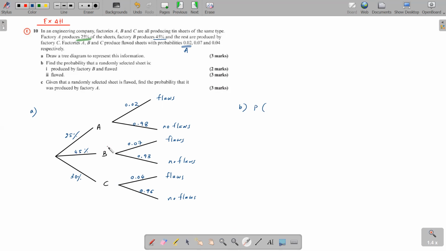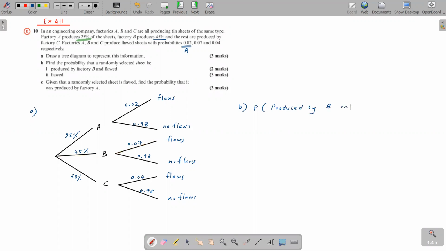You need to just select the branch along the tree diagram. You recall the probabilities must be multiplied. So produced by factory B and flawed. I think you can see which branch we need to go along, right? Can you see here? Produced by factory B and it's flawed. So that's the branch that you need to concern yourself with here. So produced by B and flawed.